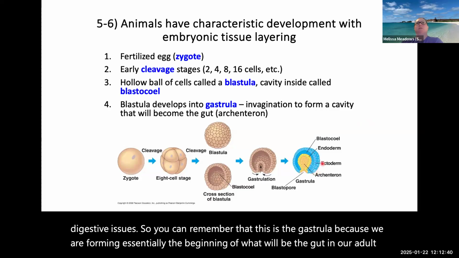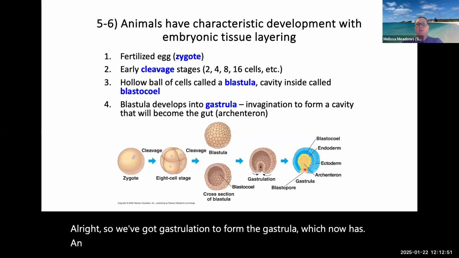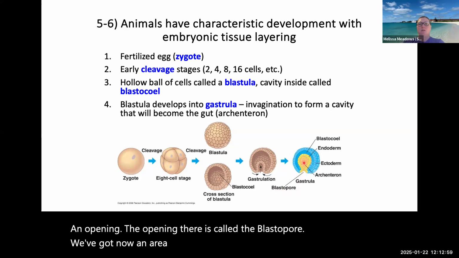All right, so we've got gastrulation to form the gastrula, which now has an opening. The opening there is called the blastopore. We've got now an area inside that's essentially going to be the lumen of the gut.